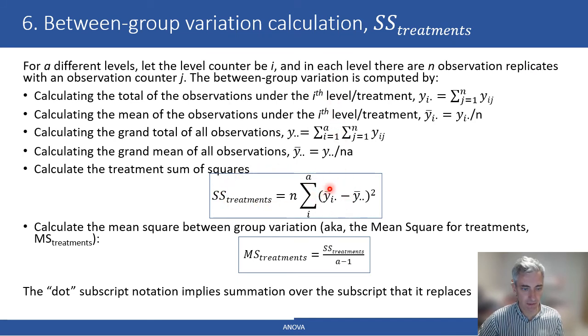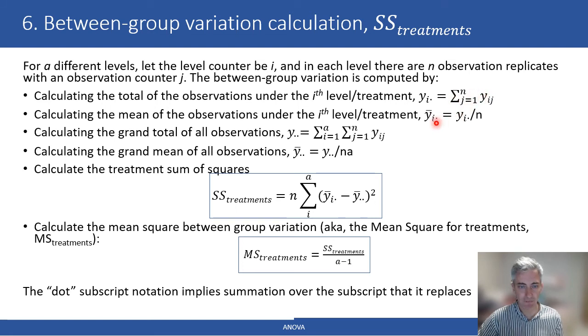So this y hat i dot means the total of observations, the sum of all of the observations in a particular group. So this is just summing up all of those observations, right?